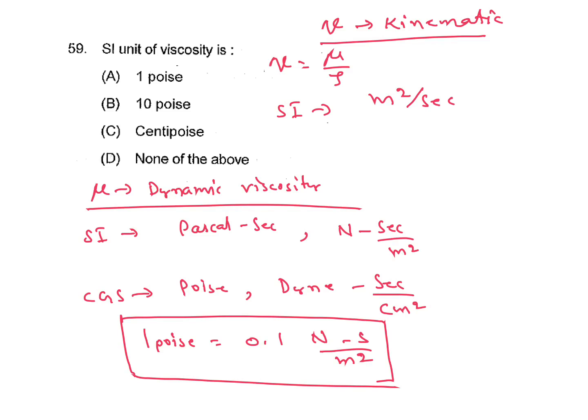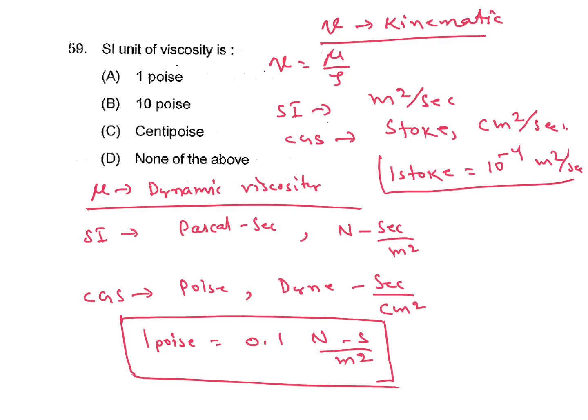And CGS unit is stokes, or centimeter square per second. Unit conversion: 1 stokes equal to 10 to the power minus 4 meter square per second. This is also very important. Sometimes they are giving problems you have to solve.